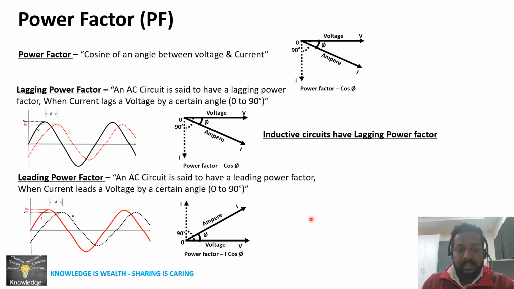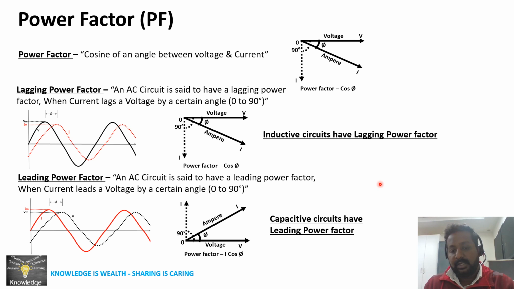In the vector diagram, voltage is constant and the current is above the voltage, leading it by an angle phi, up to 0 to 90 degrees. Most of our capacitive circuits cause a leading power factor.